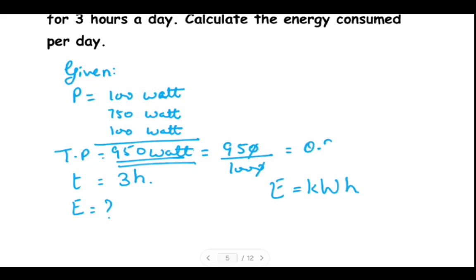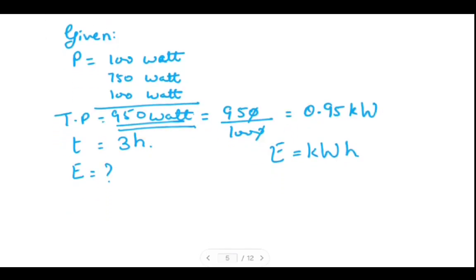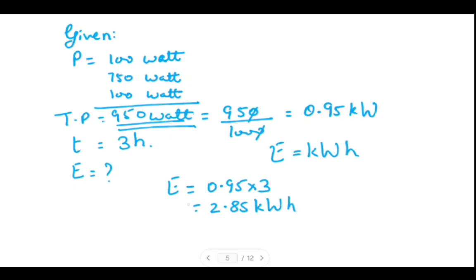So it's going to be 0.95 kilowatt, correct? So now energy is equal to 0.95 into 3. How much does that come up to? 2.85 kilowatt hour. That's my energy consumed, as per 3 hours a day.